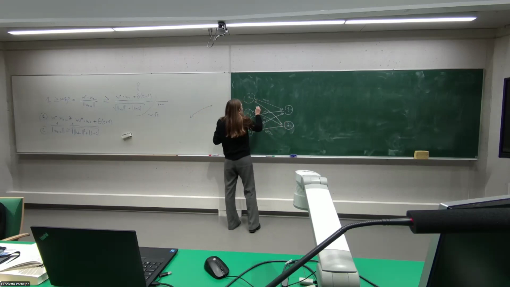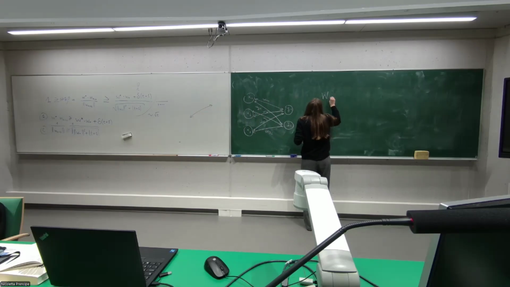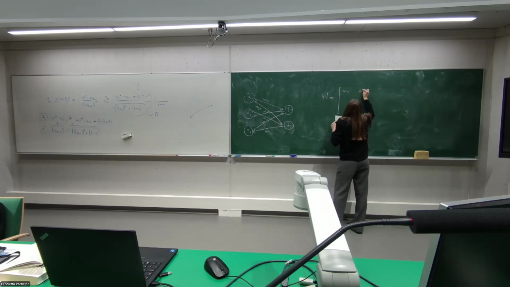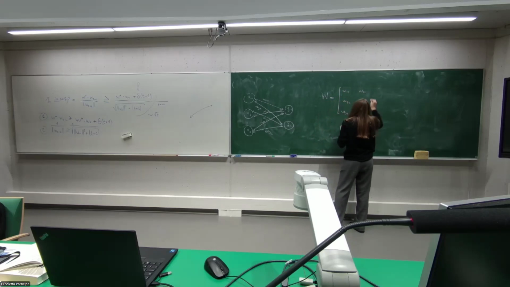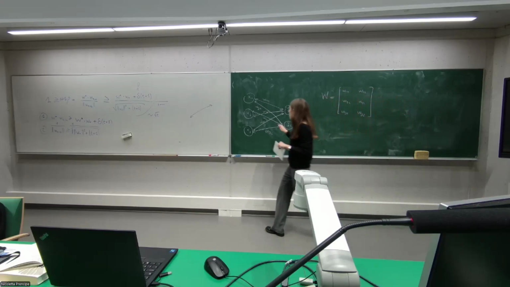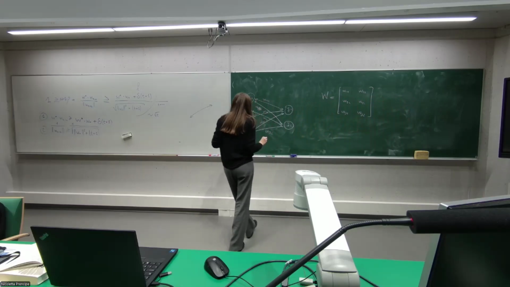I call the weight matrix in this case W, and I put the weights in this way: W11, W12, W21, W22, W31, W32.